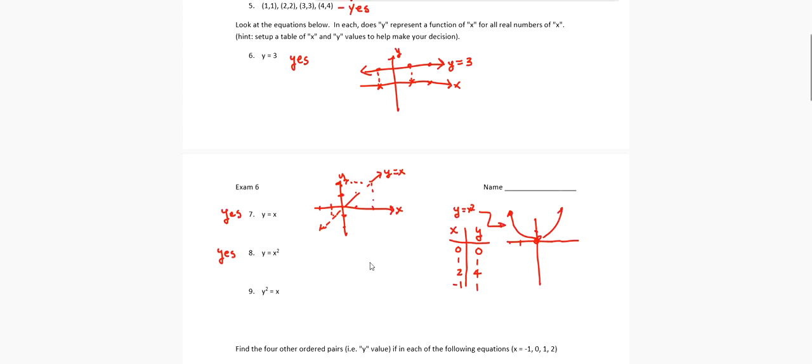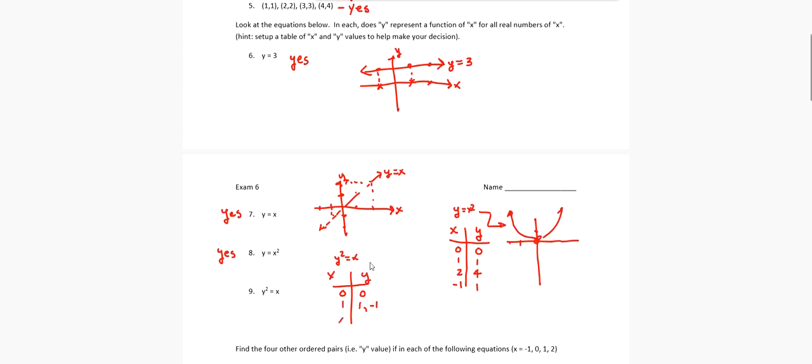Okay, so let's try our table again. So this is going to be y squared equals x. So if I stick in a 0, I get a 0. So far so good. If I stick a 1 in here, y can be 1, but y can also be minus 1. That also works. So that's a problem.